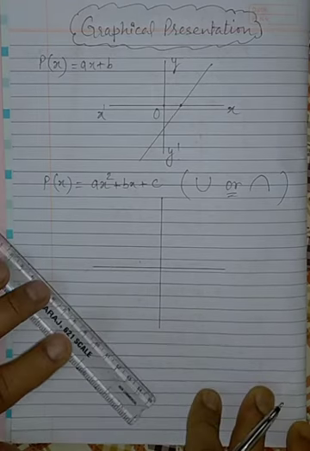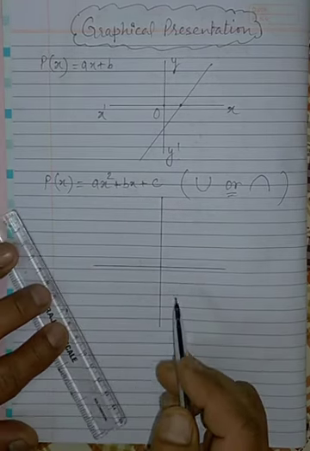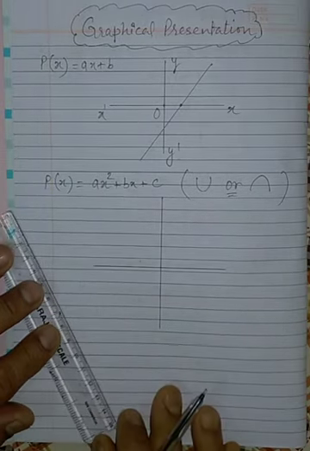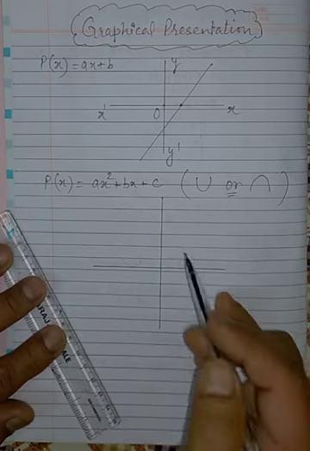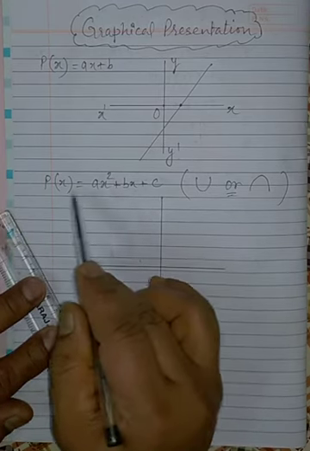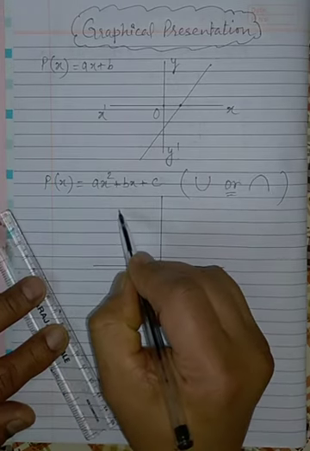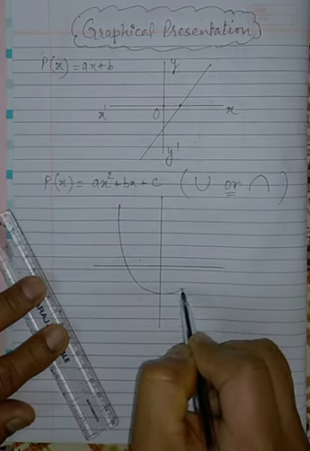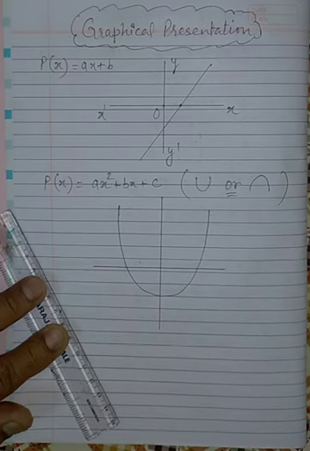Okay. So for this polynomial ax square plus bx plus c, as the degree is 2, it has two zeros. That means when you plot the various values for this polynomial, you will find the graphical presentation of this polynomial ax square plus bx plus c.